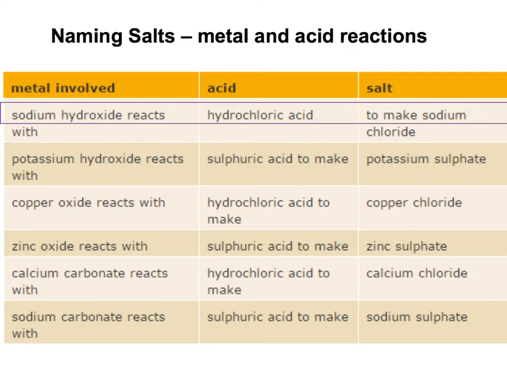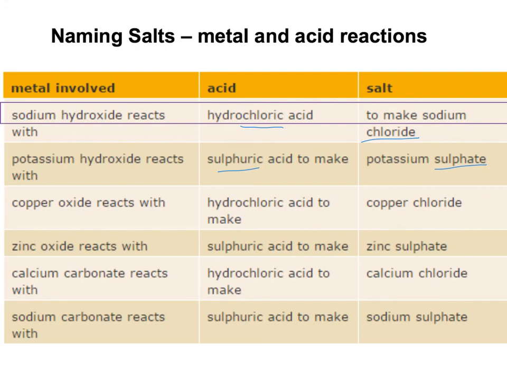This table gives some more examples of naming salts. It gives you the metal involved and the acid and the salt that is produced. Sodium hydroxide reacts with hydrochloric acid to make sodium chloride. So chloric makes chloride. Potassium hydroxide reacts with sulfuric to make potassium sulfate.